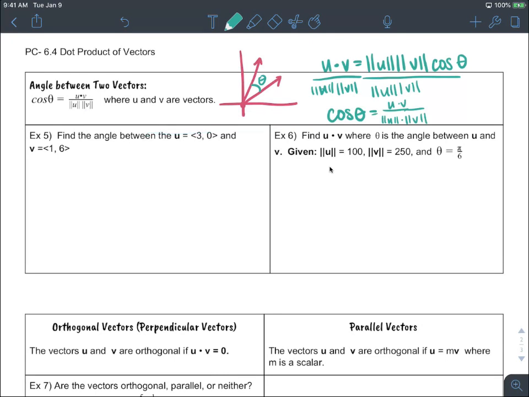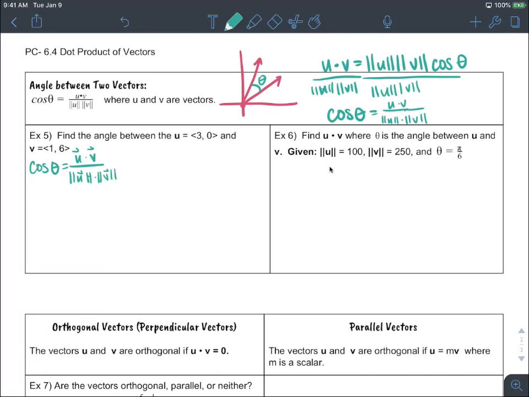The angle between (3, 0) and (1, 6), that's kind of like the first example that we used in the last video. I'm going to use the cosine of theta is equal to the dot product of u times v over the magnitude of u times the magnitude of v.